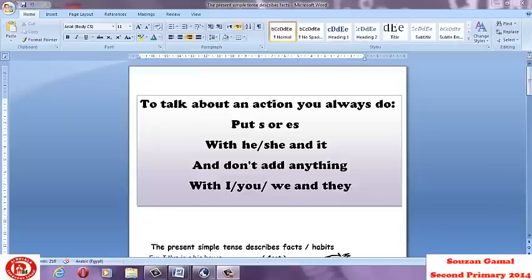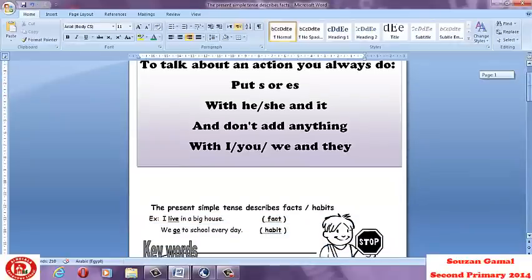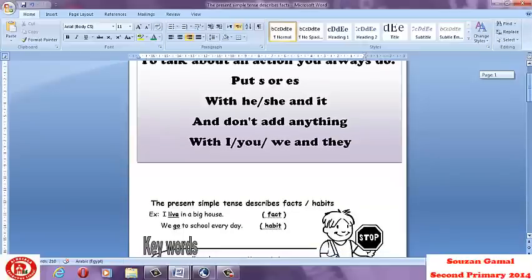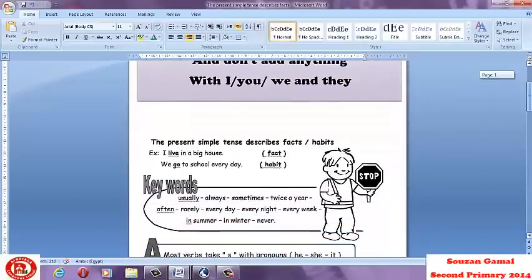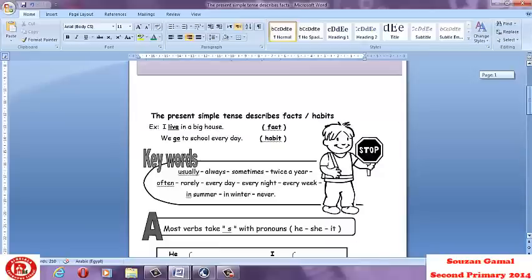So if you are talking about an action that you always do, every day I go to school, every day I sleep early, I usually wake up early, she always goes to school early. All of these are actions or habits you always do, or somebody always does.